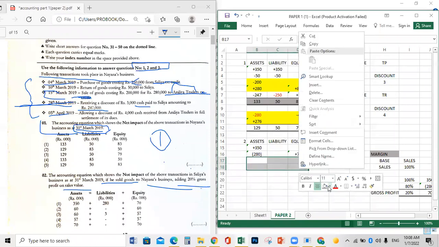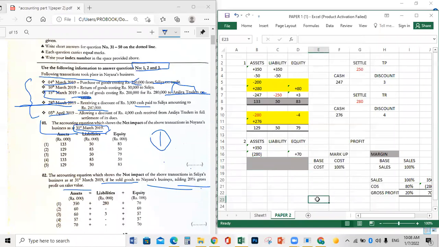So guys, now you are Salia. Just check all the transactions which happened with Salia, not Nayana's business. Now you should only check the transactions which happened between Salia and Nayana.